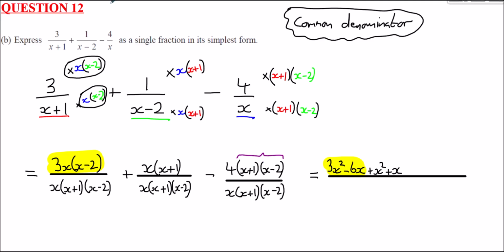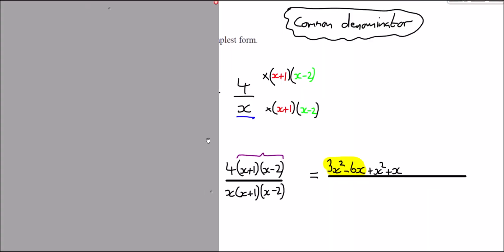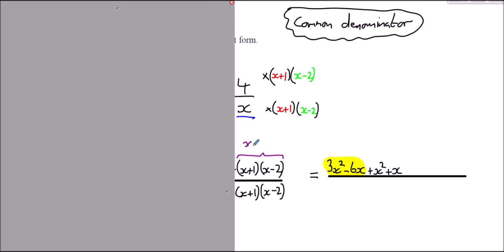I'm going to cover up everything else so we can just focus on this. X times x would give us x squared. X times minus 2 is minus 2x. But then 1 times x gives us plus x. So minus 2x plus 1x would give us minus 1x overall. And then 1 multiplied by minus 2 gives us minus 2.